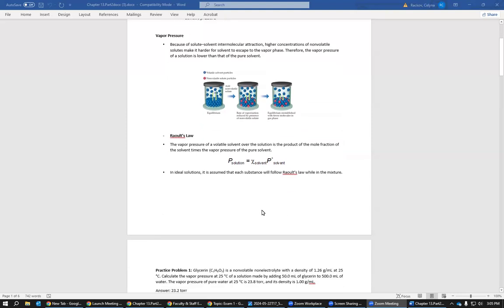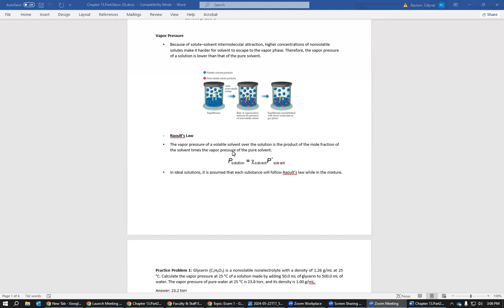Okay, now let's talk about Raoult's law. The vapor pressure of a volatile solvent over the solution is the product of the mole fraction of the solvent times the vapor pressure of the pure solvent, right? To find the pressure of the solution, we're going to multiply the mole fraction of the solvent times the pressure of the pure solvent.